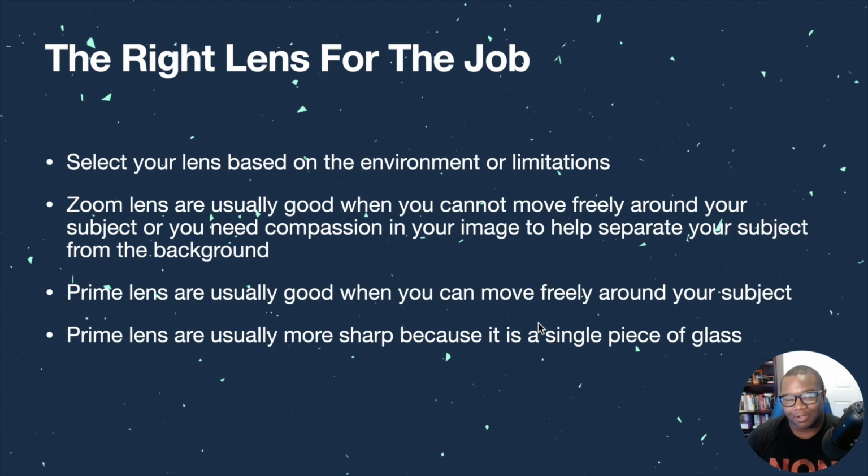I don't want to get the confusion of sharpness versus focus. But I have photos that are focused, but they're not very sharp. And those photos are still great for lots of different reasons that we're not going to talk about. Moral of the story, the prime lens is usually more sharp than a zoom lens.